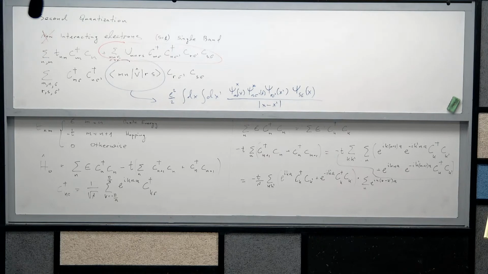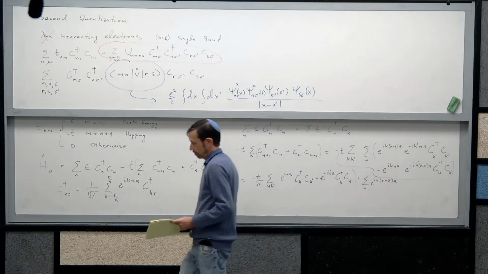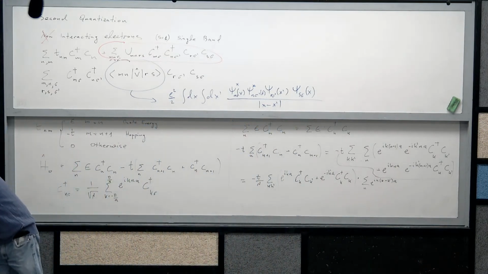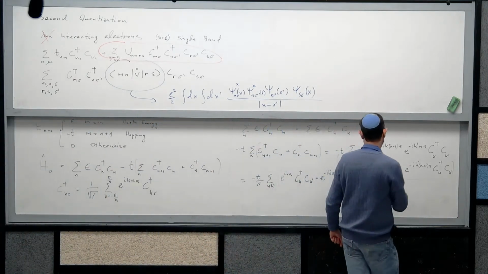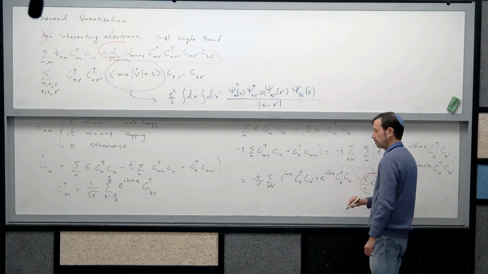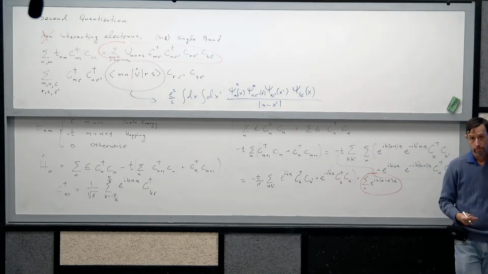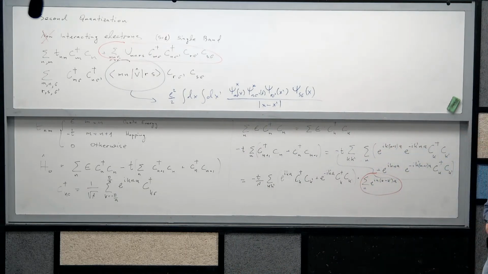Any other primes missing? This is just Kronecker's delta.